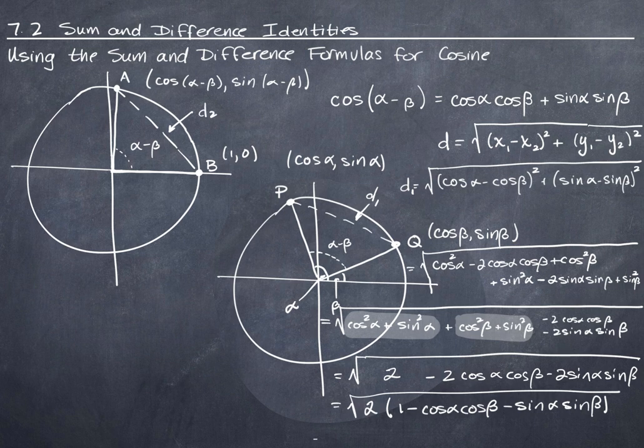The distance between these 2 points, the distance D2, is equal to the square root of, let me erase this axis a little bit.